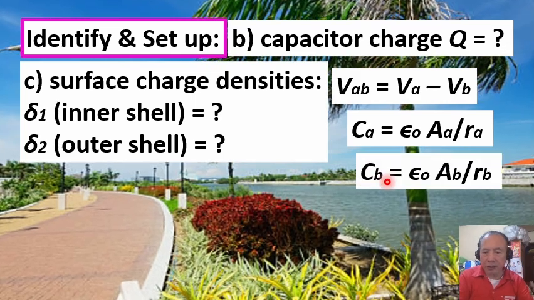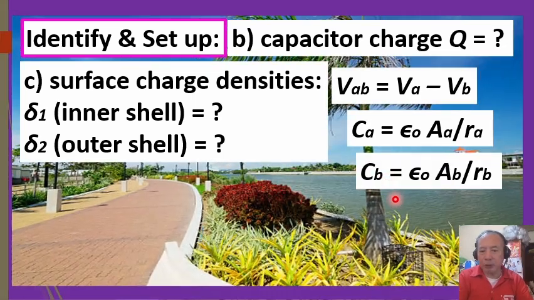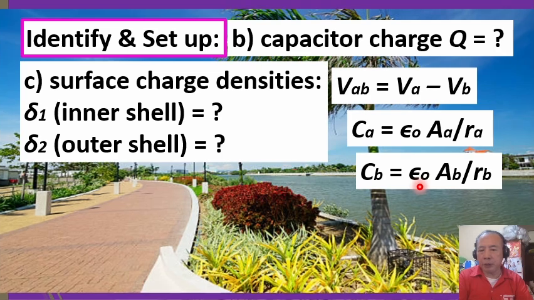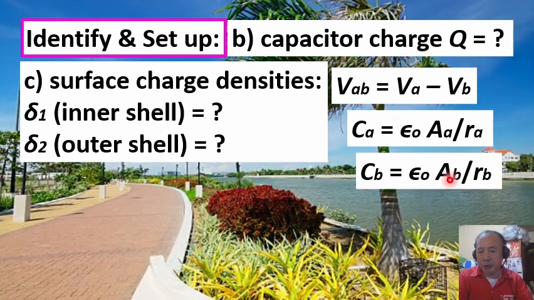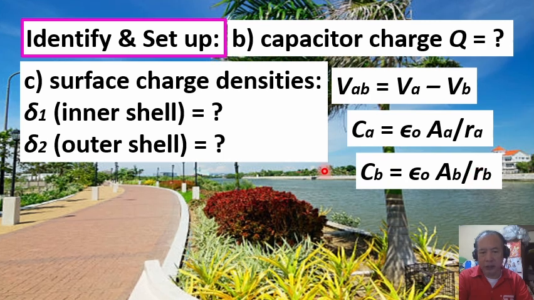And for the outer shell, the capacitance C sub B is equal to the product of epsilon naught, A sub B, divided by r sub B.